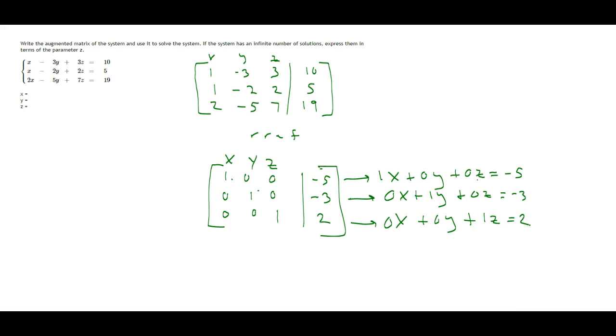So again, 0 times y, that's 0. So it looks like x equals negative 5, y equals negative 3, and z equals 2. And so that's my solution. This actually has a particular solution, not an infinite number of solutions, so that's our answer.